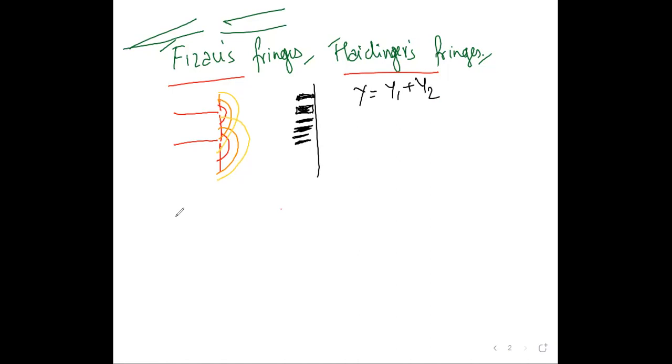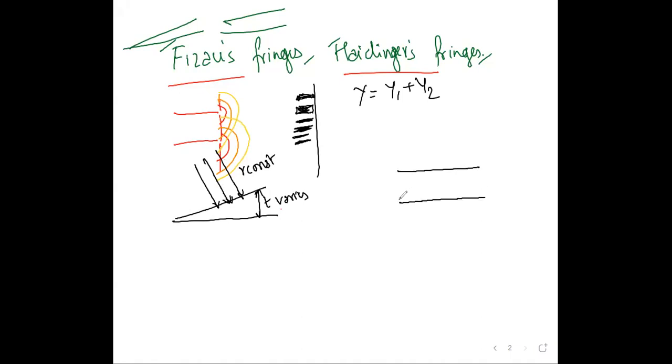In Fizeau's fringes, it is something like a wedge-shaped film. Here t varies. Thickness of the glass plate or thickness of the air film varies here. The R remains constant. So here R constant, t varies, like a wedge-shaped film. And in Heidinger fringes, alternate bright and dark fringes are formed.